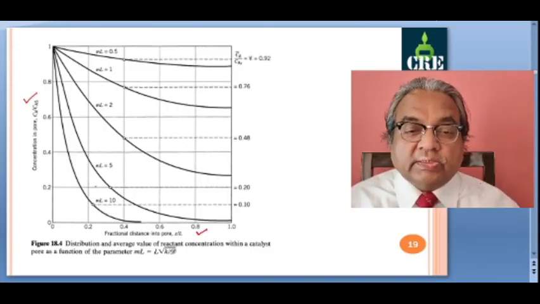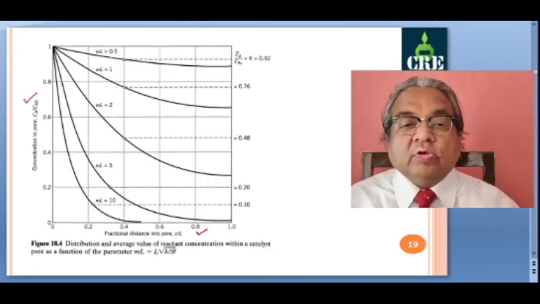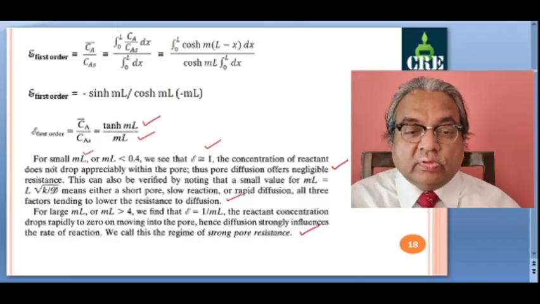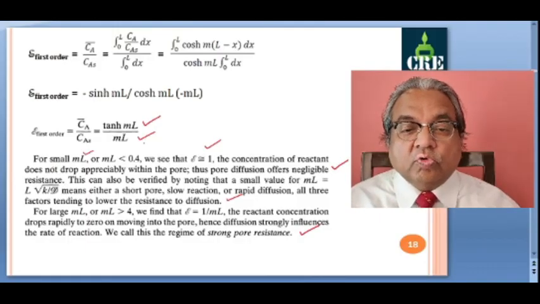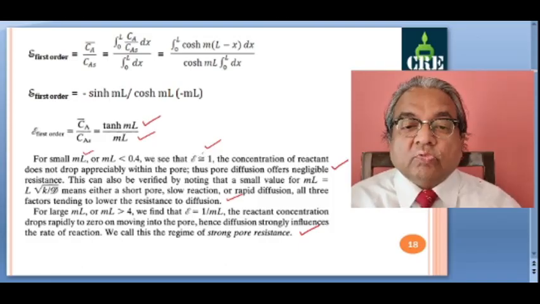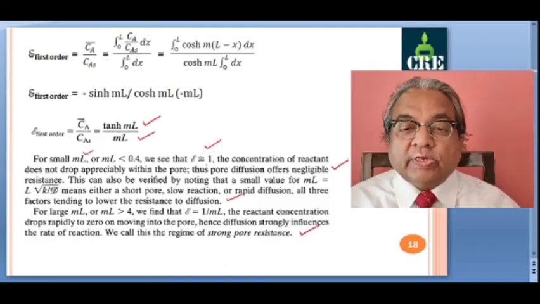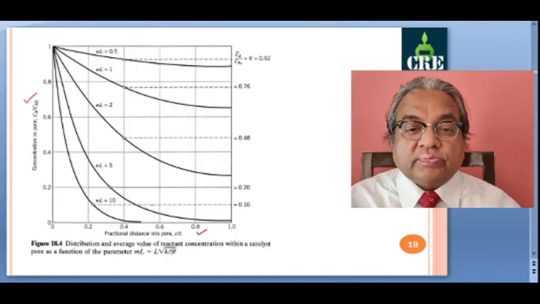So mL is increasing. For very low values of mL, the efficiency, capital epsilon, is approximately 1. So there is no pore diffusion, and for large values there will be strong pore diffusion.